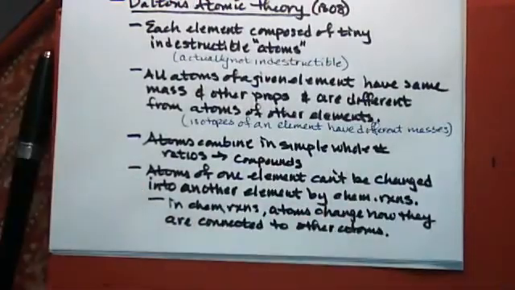And that really is basically what a chemical reaction is. You take apart the atoms as they start out, you rearrange them, and then you bond them back together into different combinations with other atoms. But the atoms themselves don't change.